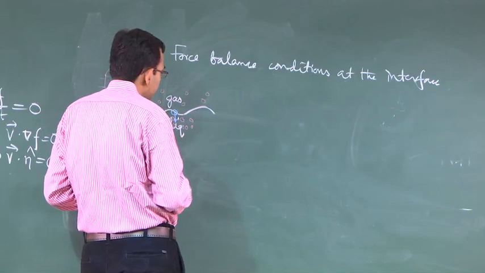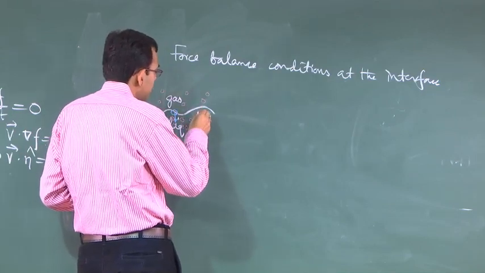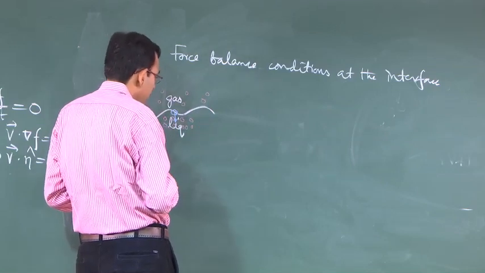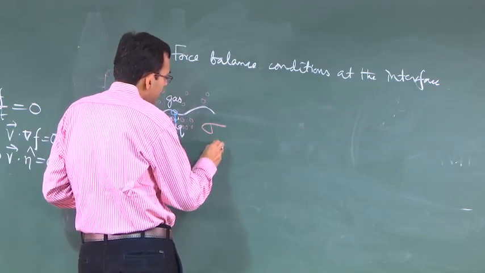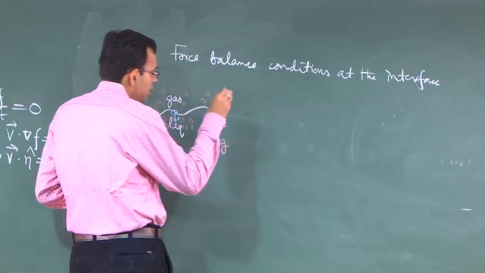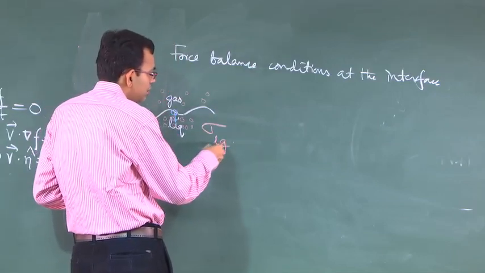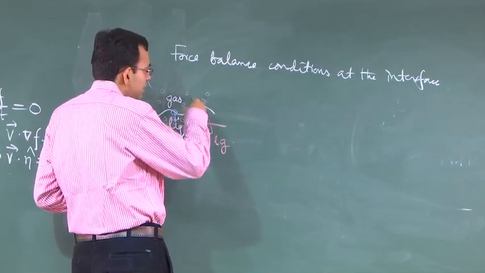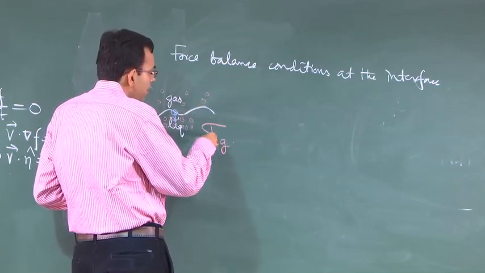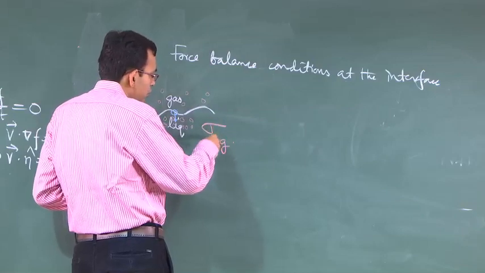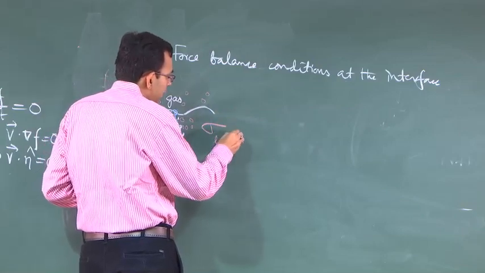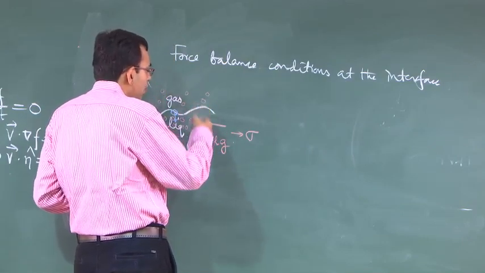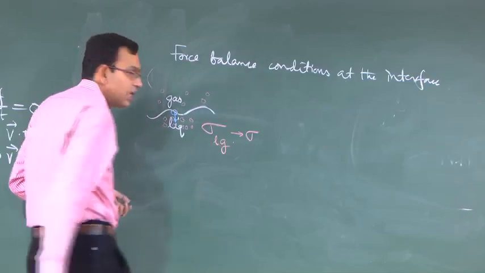For example, if there are two phases, liquid and gas, then normally we write sigma LG or GL, so we designate by these two phases. For an interfacial boundary condition like this, normally what we do is write it simply as sigma, with an understanding that it is between a liquid and a gas phase, or maybe between one fluid phase and another fluid phase.